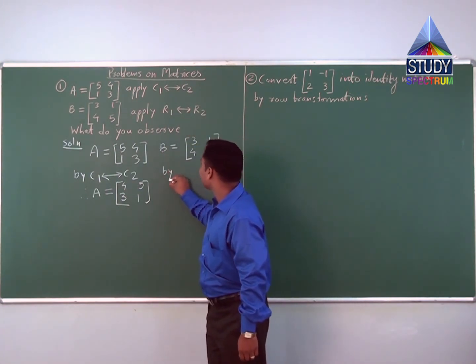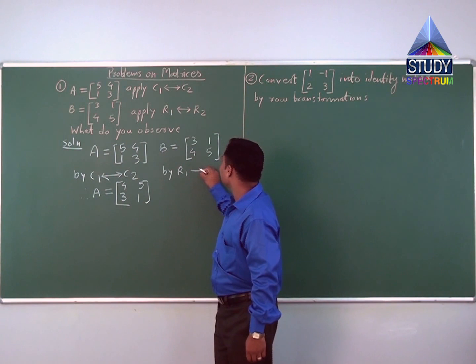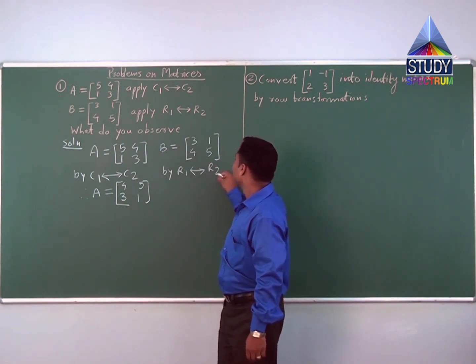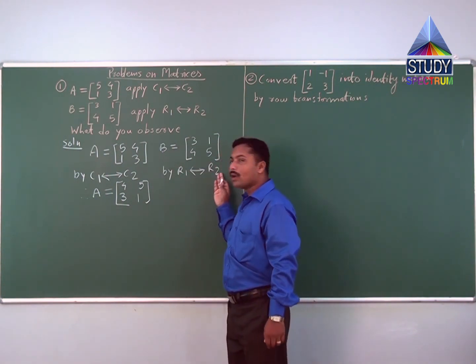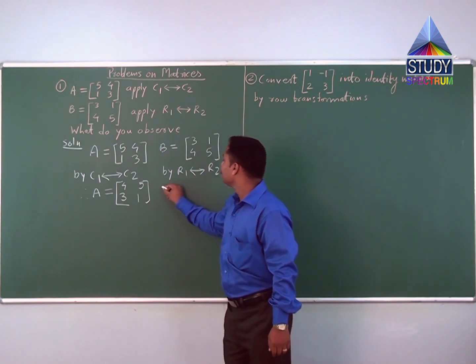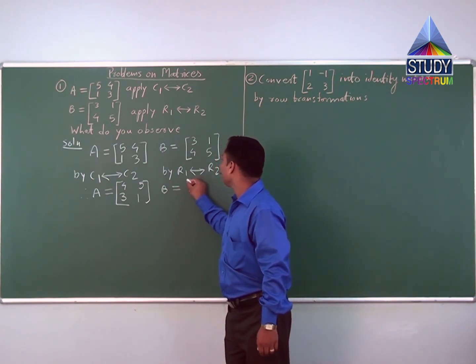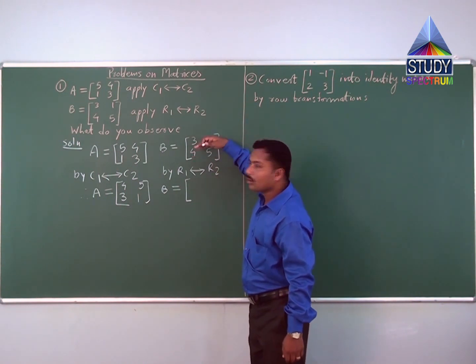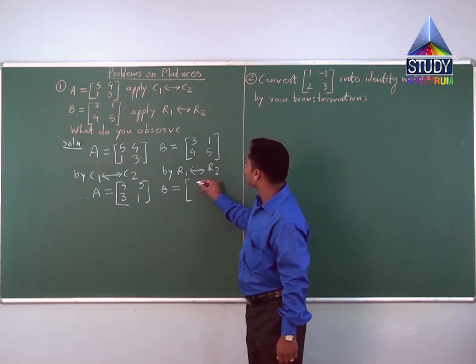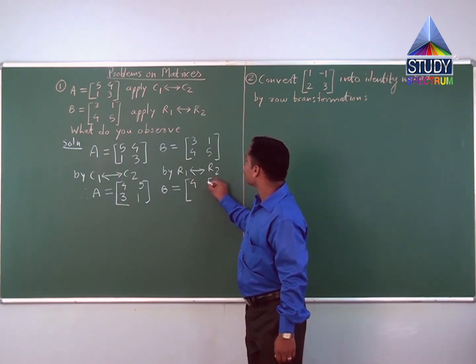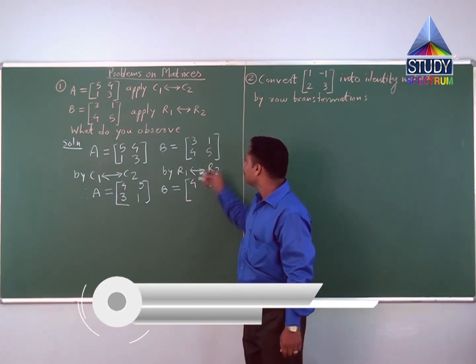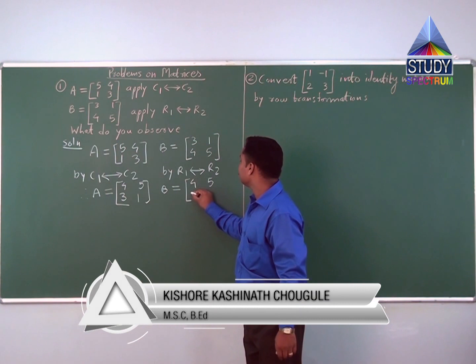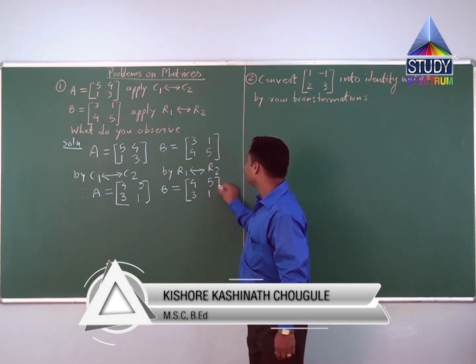Therefore, R1 interchange with R2 means R1 is replaced by R2 and R2 is replaced by R1. So matrix B equals: the first row becomes the second row and the second row becomes the first row. So the first row is 4 5, the second row is 3 1.